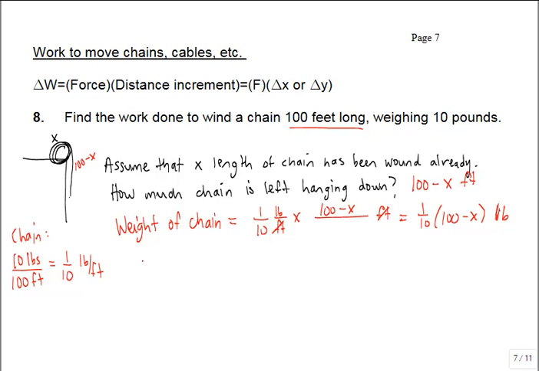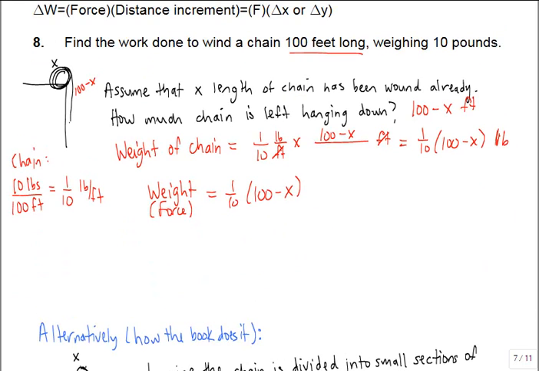Okay, so that's your weight or your force, 1/10 of 100 minus x. What we need to figure out now is going to be our distance, and our distance is going to just be the dx that we see in our work integral.